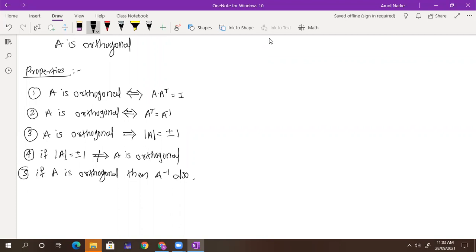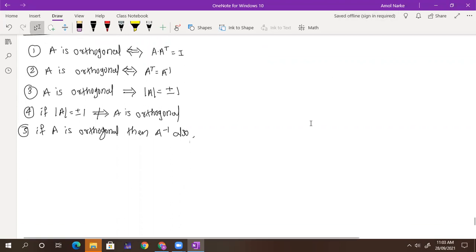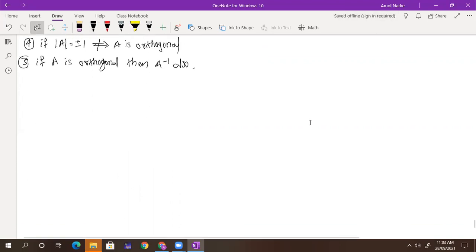Now I'm going to give you one example as homework. You need to try to solve this example and tell me how you are going to solve it. Homework example: find the value of a, b, c. Small a, small b, and small c.